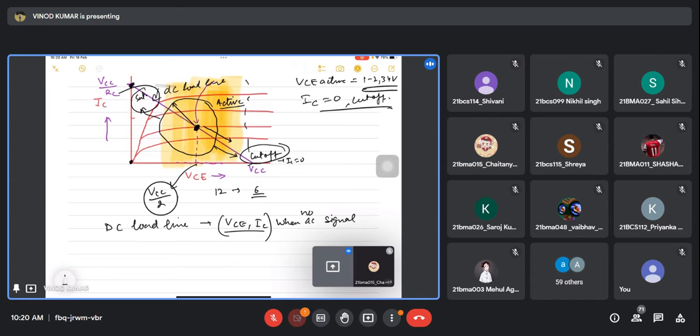In which region do we have to operate the transistor? Our focus is to operate it in the active region, and we know it is only the CE configuration which is best suitable for this purpose.